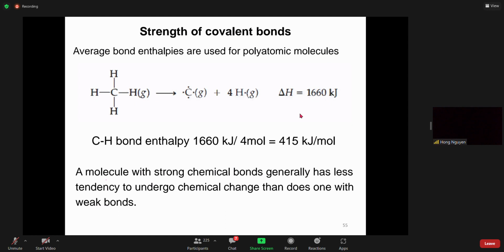It also means this bond is more stable, and more difficult to break, so it's less chemically reactive. Something more stable is less reactive. Something more reactive means less stable. You cannot have something stable and reactive. It's something where we need to compromise.